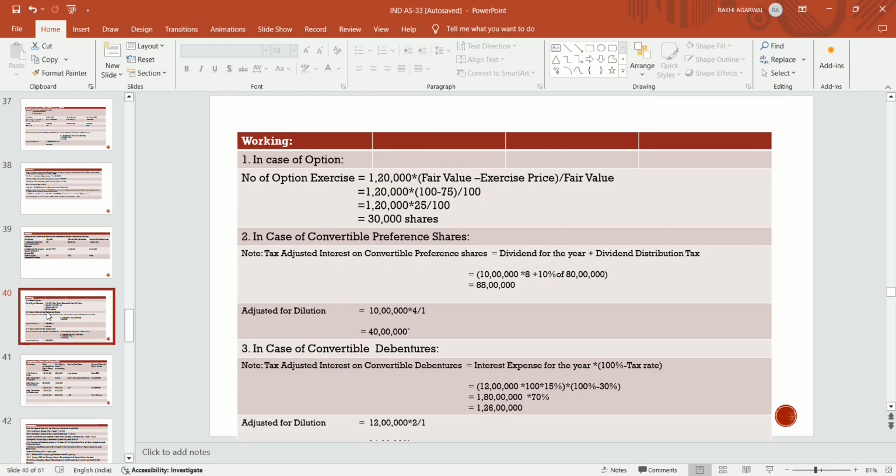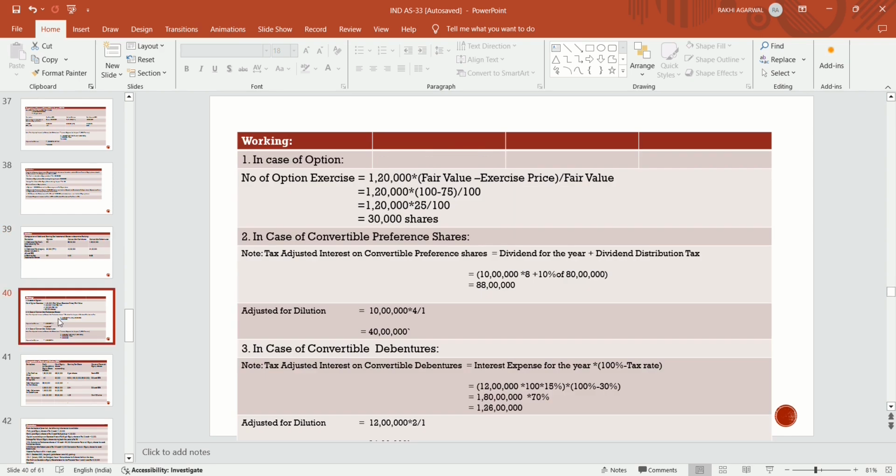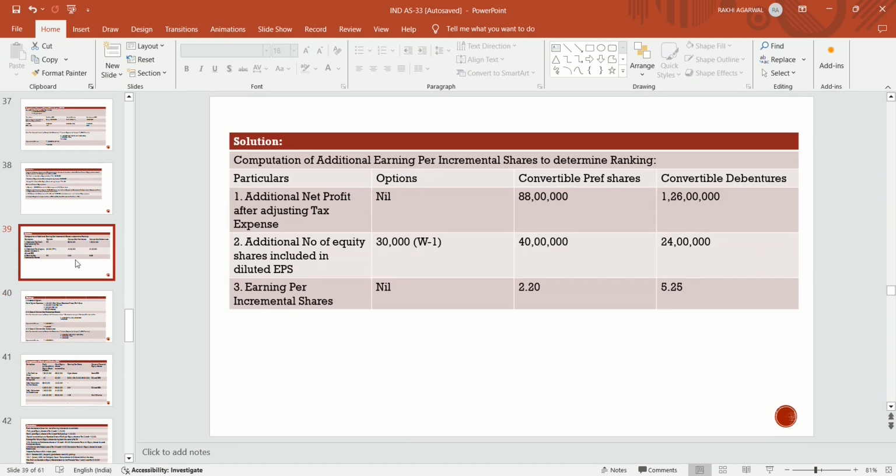Now the tax adjustment: the adjusted dividend on convertible preference shares for the year is 10 lakh shares into 8 plus the dividend distribution tax of 10% on 80 lakhs, so it becomes 88 lakhs. As incremental earning, convertible preference shares add 88 lakhs. Adjusted for dilution, there are 10 lakh preference shares, and every one preference shareholder will get 4 equity shares, so 40 lakh shares. The additional number of equity shares included in diluted EPS in case of convertible preference shares is 40 lakhs.